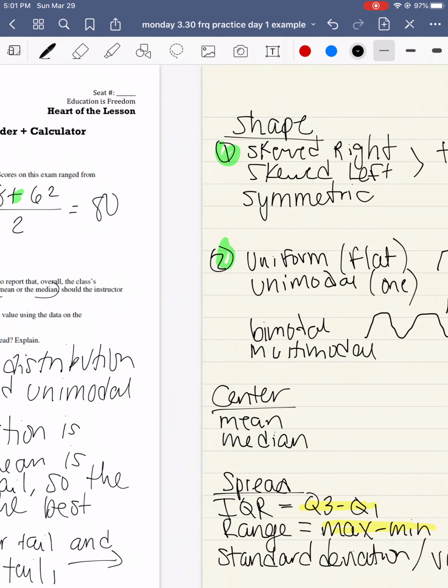Let's continue on to another page here. So this is a continuation of part C. So the max is the upper tail, the min is the lower tail.